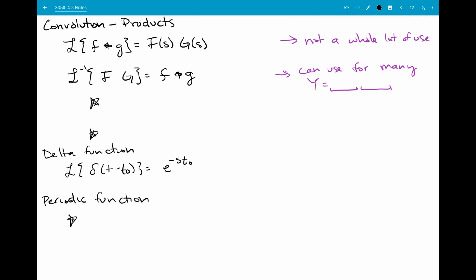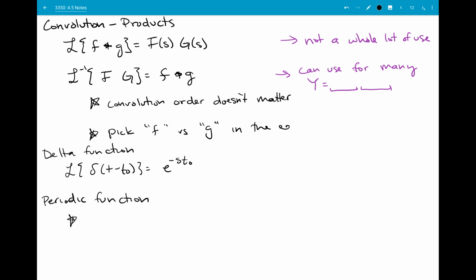And just remember that convolution order doesn't matter, so you can go ahead and pick f versus g in the easiest possible way. Remembering that t minus tau is an important part of this that you have to deal with.